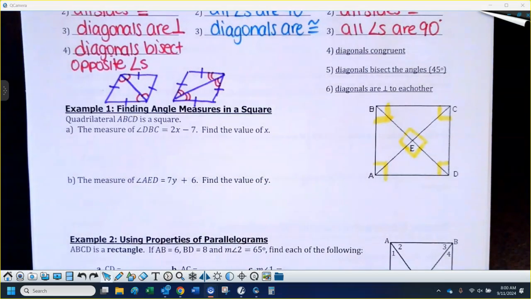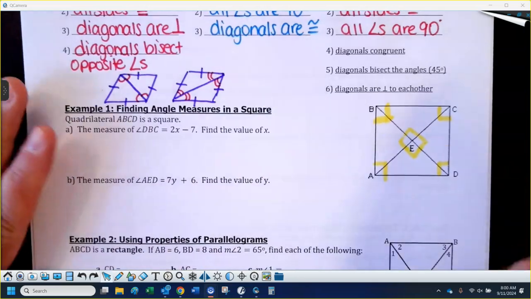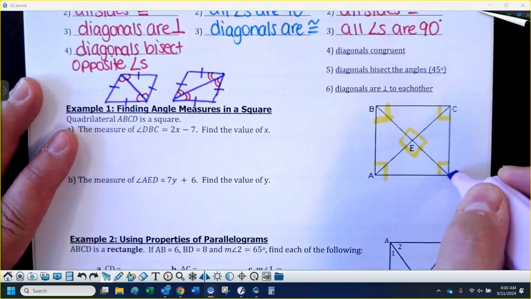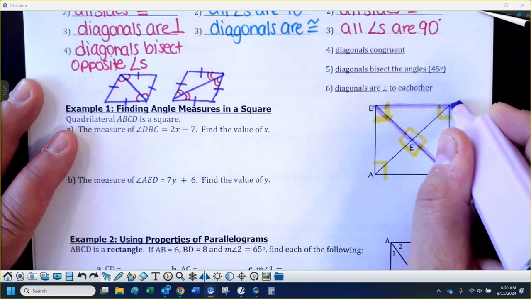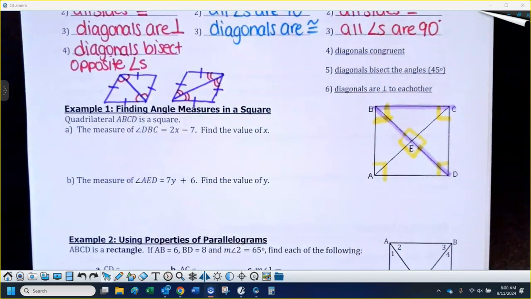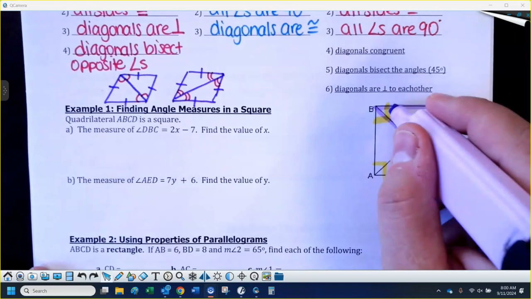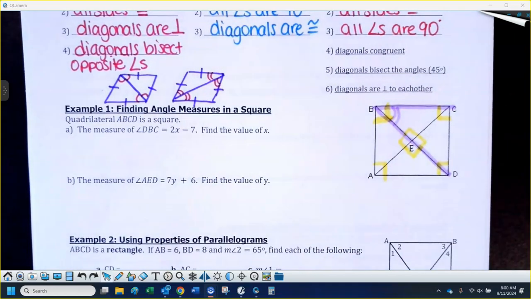So in the middle there, those would all be perpendicular to each other, so 90 degrees. They're going to give us an angle measure. I'm going to just kind of highlight it here. So here's D to B to C. So I'm talking about that angle. Does anybody know what that angle would measure? Like, what would the measure of that angle be?